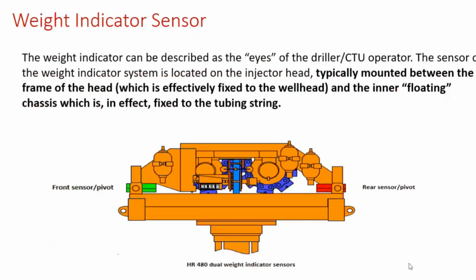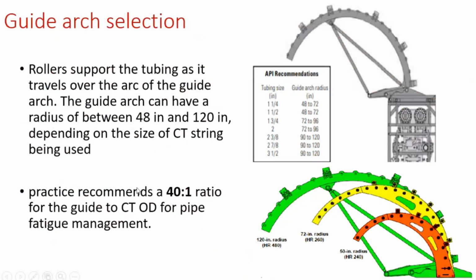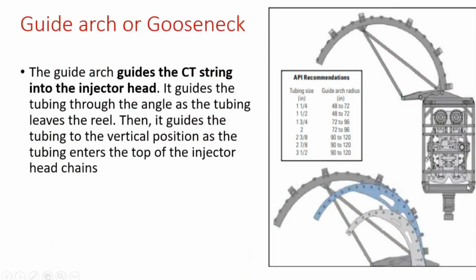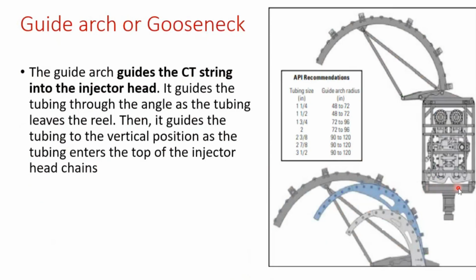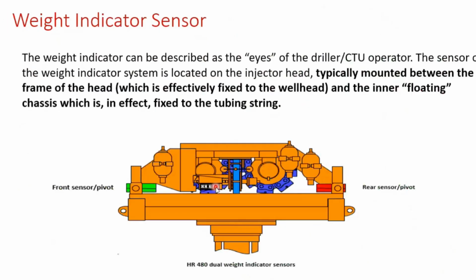For the weight indicator sensor, it's fixed at the bottom part of the injector. The weight indicator sensors are like diaphragms affected by the weight of the coil tubing pipe.